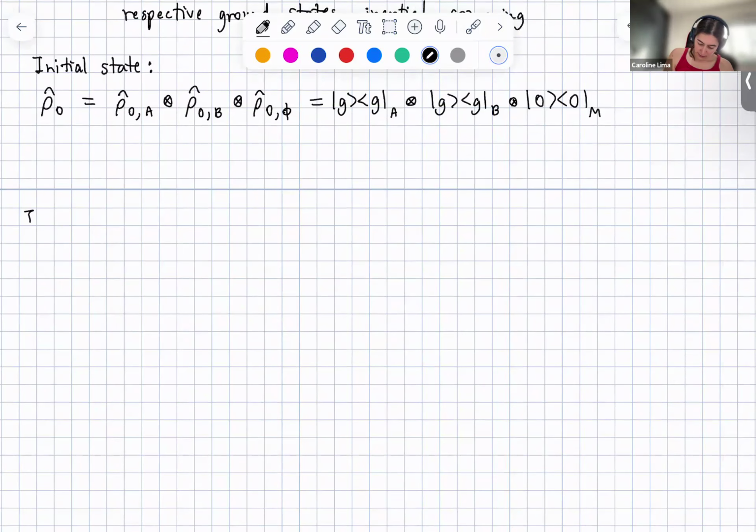So let me write the interaction Hamiltonian in this case, in the interaction picture.